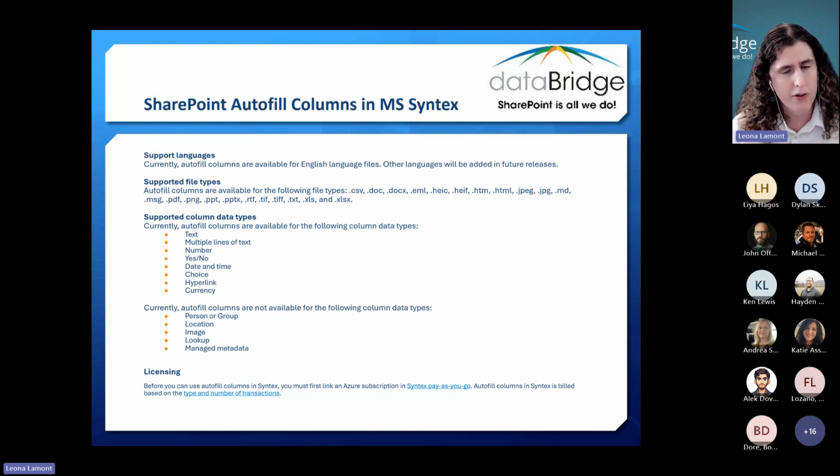And also there's only certain types of data that can be auto-populated currently, which are pretty much alphanumeric fields. So text, multi-line text, numbers, yes/nos, date and time, choices, hyperlinks, and currency. People and groups, location, images, lookups, and managed metadata currently are not available through this autofill control.